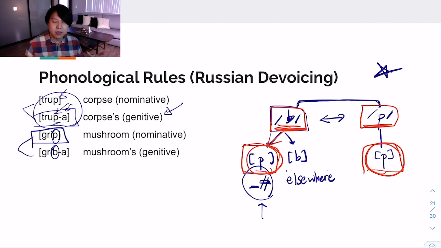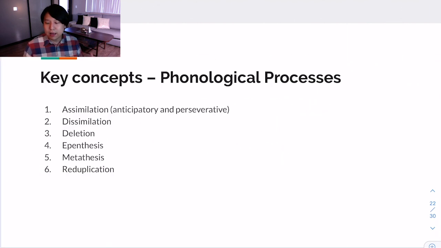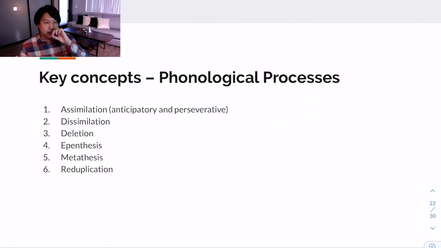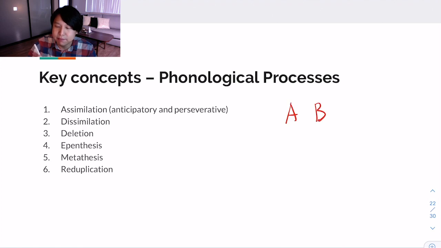I thought this part is very important, so I put a lot of time and effort into it. And I'm going to give you a very brief summary of the phonological processes. So let's say there's A and B, and when A becomes a sound A prime that is similar to its neighboring sound, it's called assimilation.